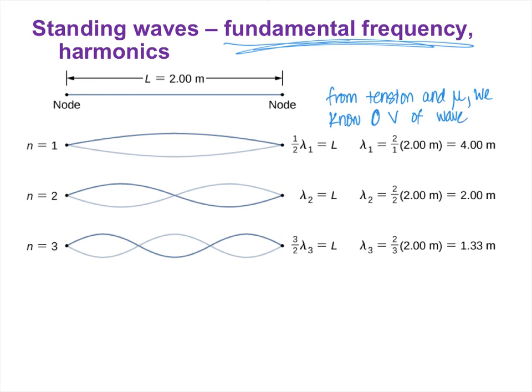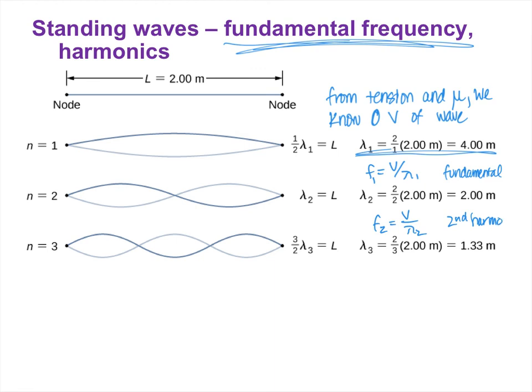The velocity of the wave is not negotiable, but given the velocity and the wavelength, the frequency is going to be given by the velocity over the wavelength. So the fundamental frequency we can find once we know the velocity and the wavelength of the standing wave. So this is the fundamental.